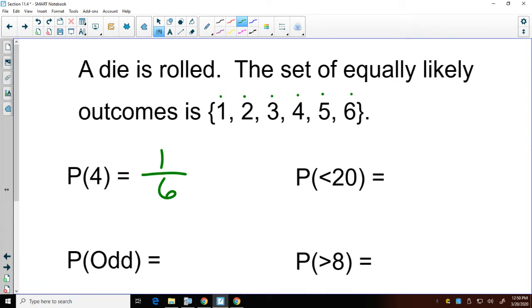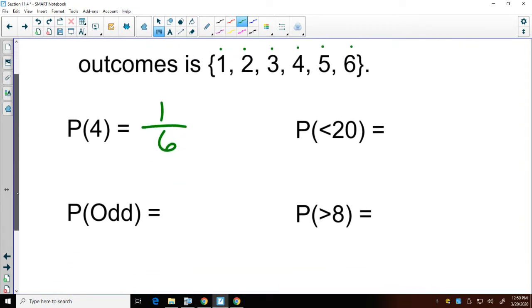Let's jump down here to the probability of odd, and then we'll jump over there to the other 2. Okay, what is the probability of being odd? Well, how many answers are odd? Well, if you look up here, 1 is odd, 3 is odd, 5 is odd. So how many times can that outcome happen? There are 3 times that outcome can happen.